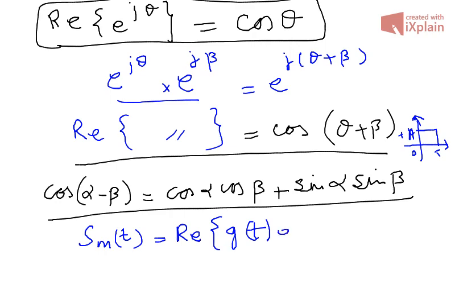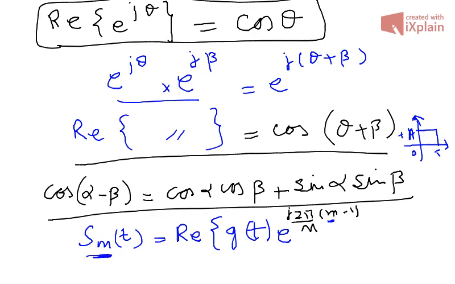Then you have another term, which is e raised to the power j 2 pi (m minus 1) over capital M, right? This capital M, as I said earlier, can be 2, it can be 4, 2 raised to the power k, it can have any value. And this small m distinguishes each symbol.